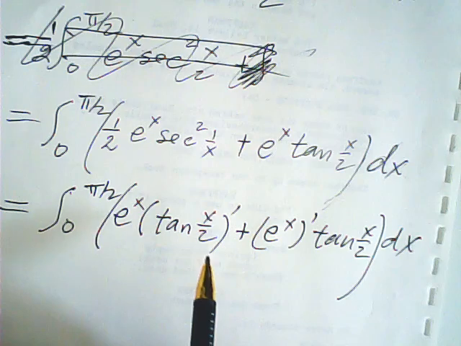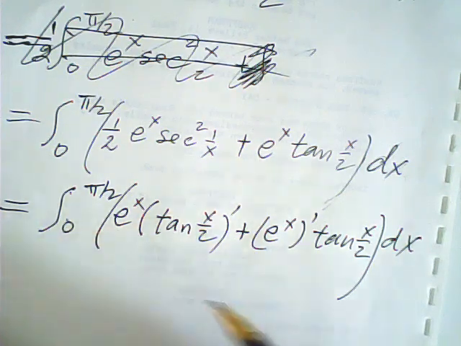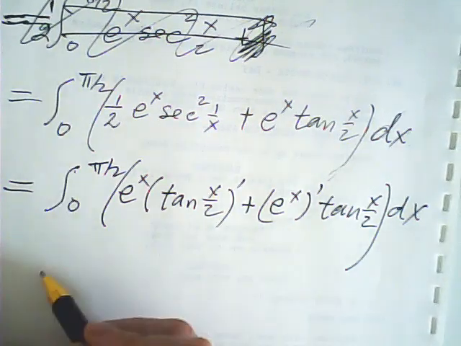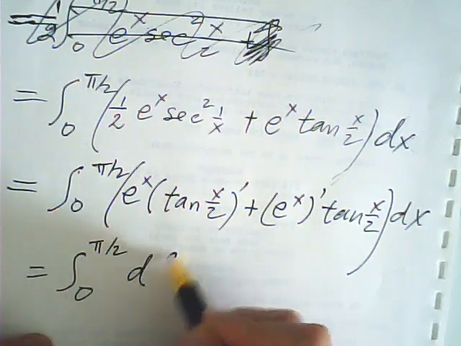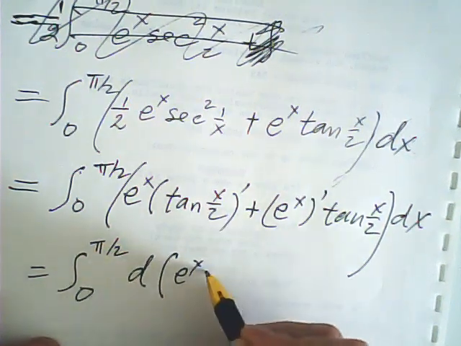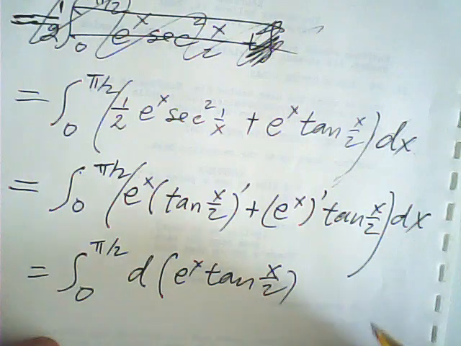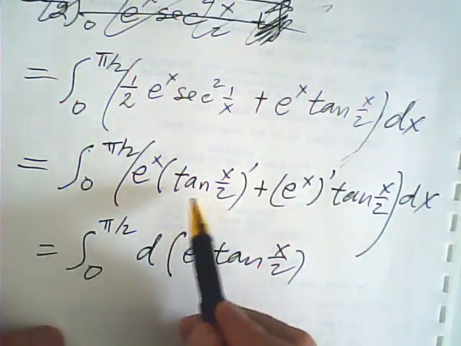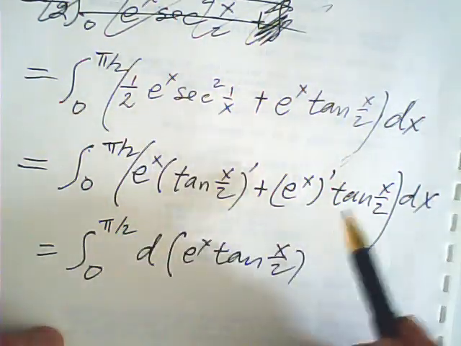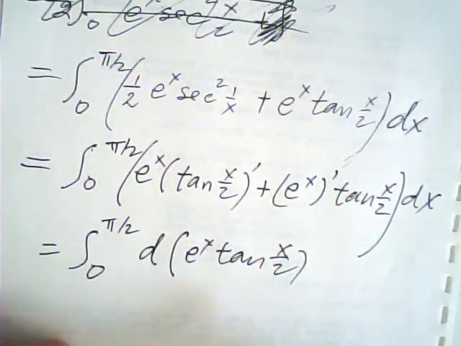So this derivative times this plus this derivative times that, that is the product rule. The product of two functions, one is e^x, the other one is tangent half x. This derivative is this, this derivative is this, together it is the product rule.